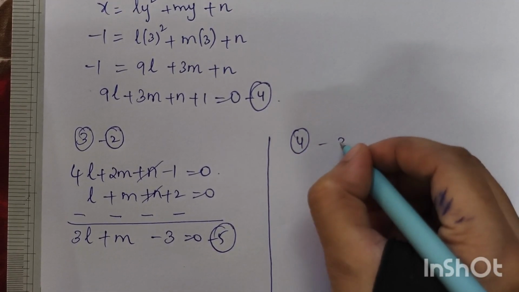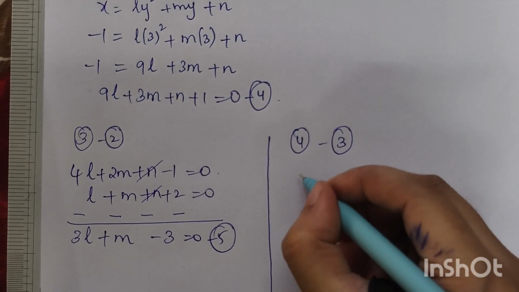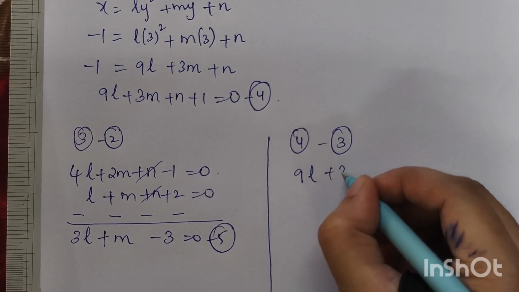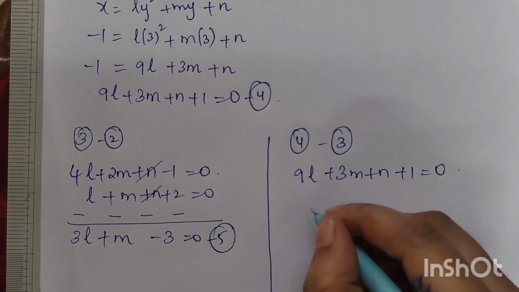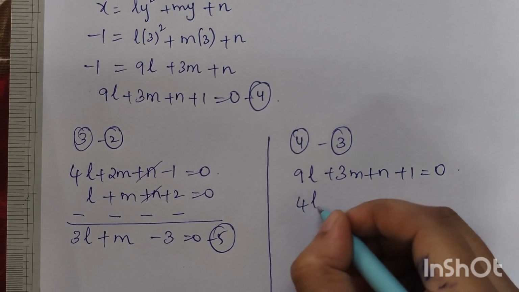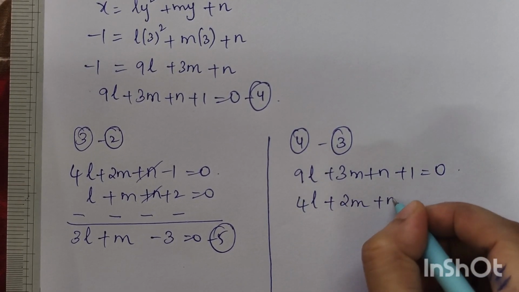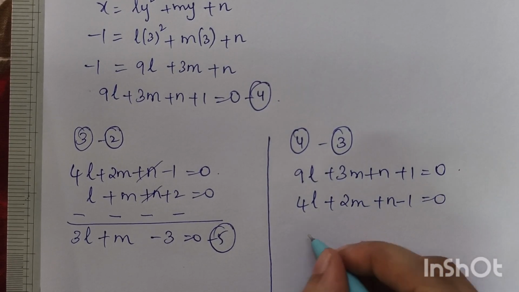Now subtract 4 and 3. The fourth equation is 9l + 3m + n + 1 = 0, and equation 3 is 4l + 2m + n - 1 = 0.